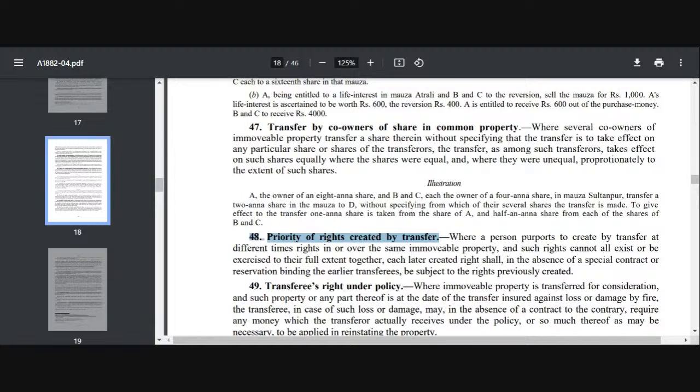I'm writing it. Qui prior est tempore potior est jure. Okay, related to section 48.